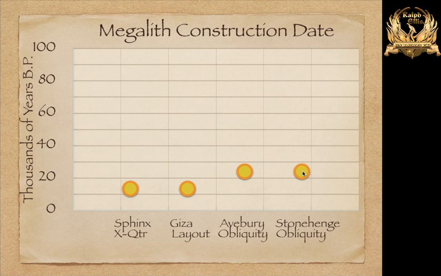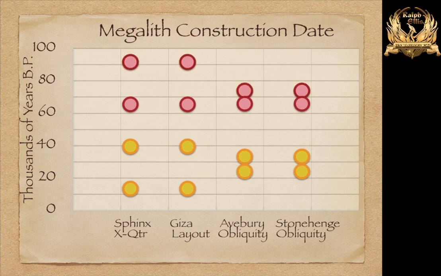And then we can look at the older dates, going back here at Giza up to 40,000 years, and even older dates, and even older, if you really want to go out on a limb. And these are all the dates we've managed to deduce from these celestial alignments and images.